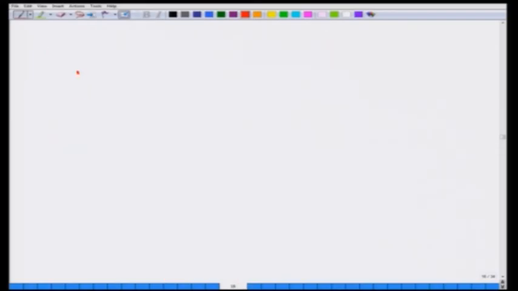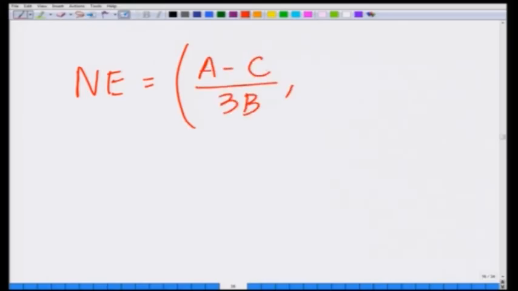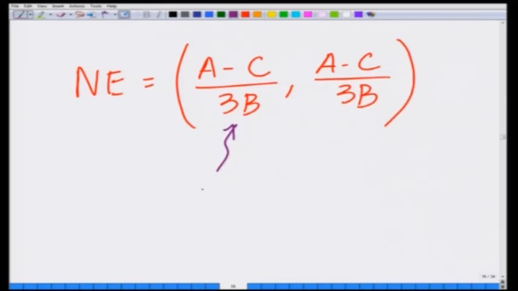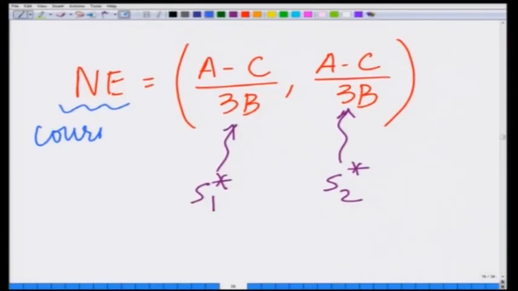So, the Nash equilibrium is (A minus C) by 3B comma (A minus C) by 3B, where this is the quantity S1 star produced by firm 1 and this is the quantity S2 star produced by firm 2 in equilibrium in this Cournot duopoly. So, this is the Nash equilibrium of the Cournot duopoly.